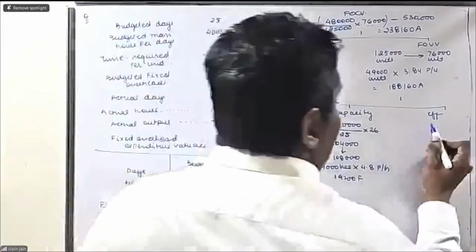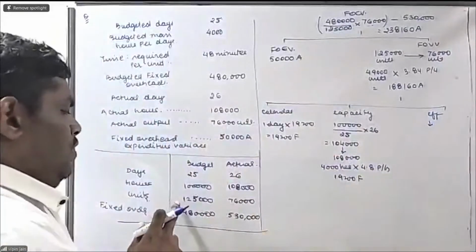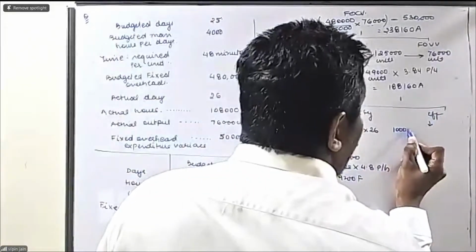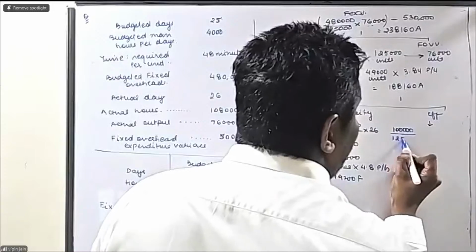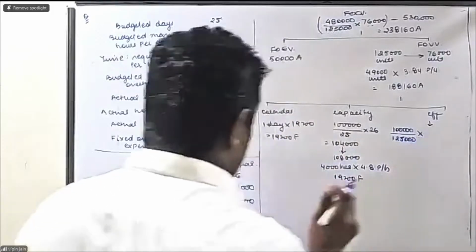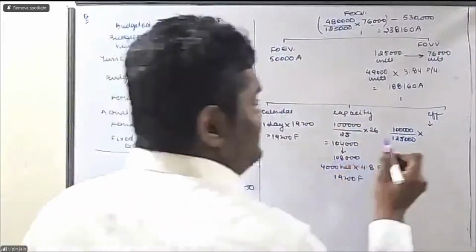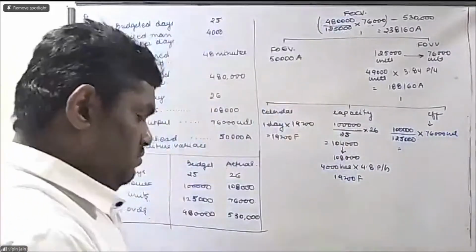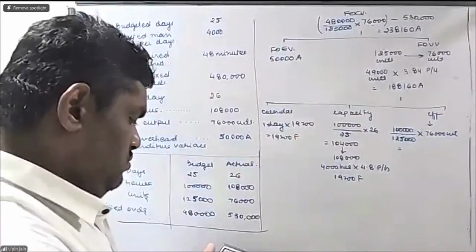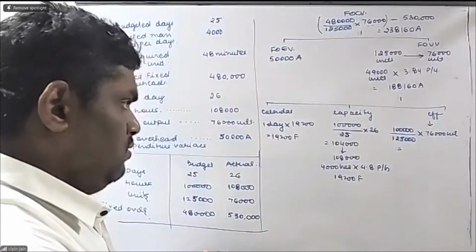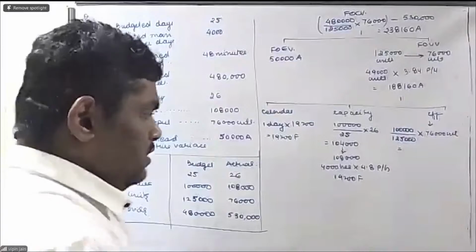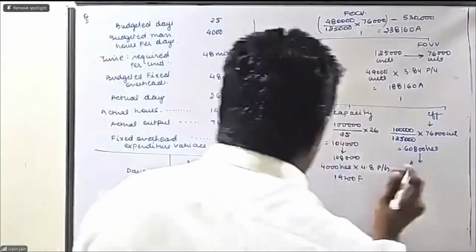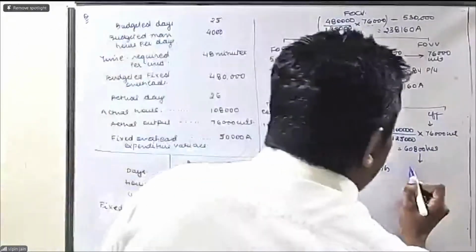Again, when talking about efficiency, 1,25,000 units in 1 lakh hours. So 1 lakh hours were used for 1,25,000 units. So for 76,000 units, how many hours were we supposed to use? The work was supposed to be completed in 60,800 hours, but we actually took 1,08,000 hours.